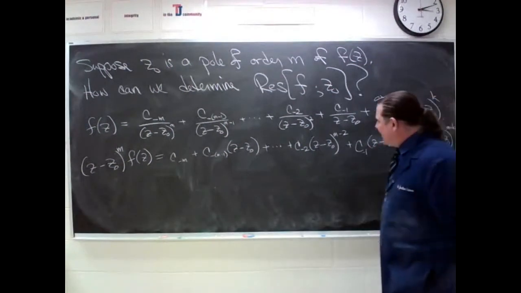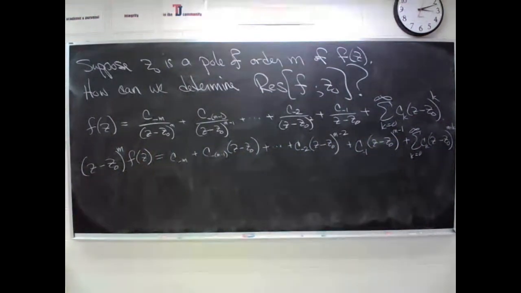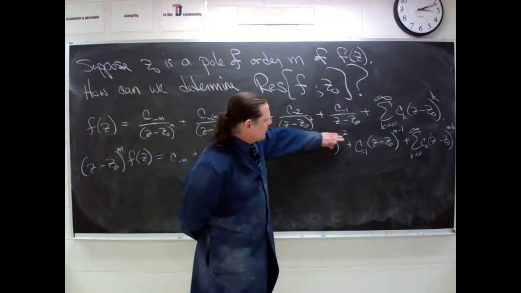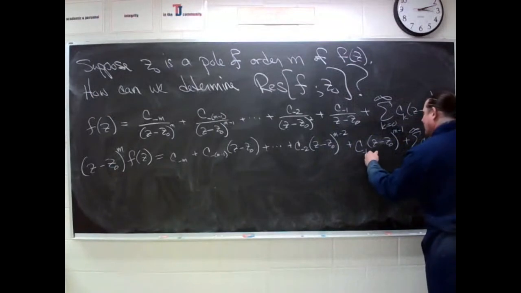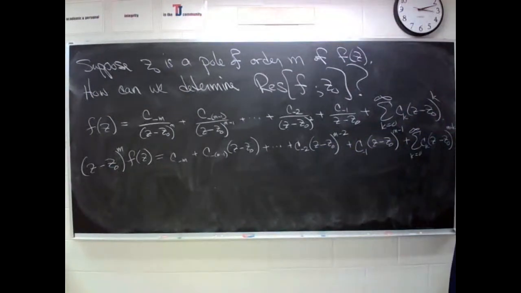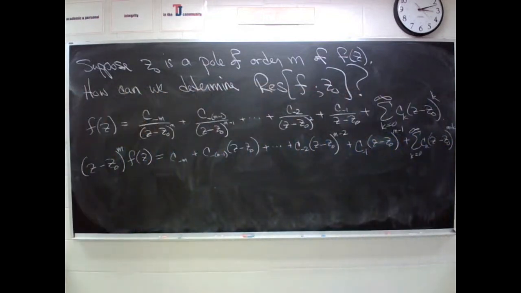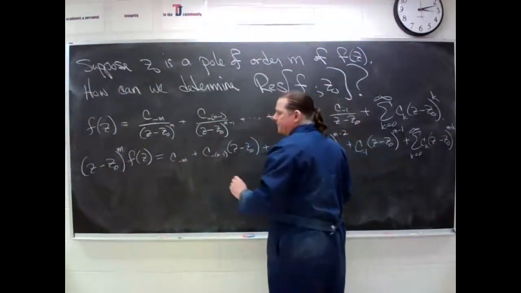If I want to get at c sub negative 1, I need to get rid of all of these pieces and try to isolate this c sub negative 1. If I take z equals z naught, it's going to get rid of all of these terms that give me c sub negative m.